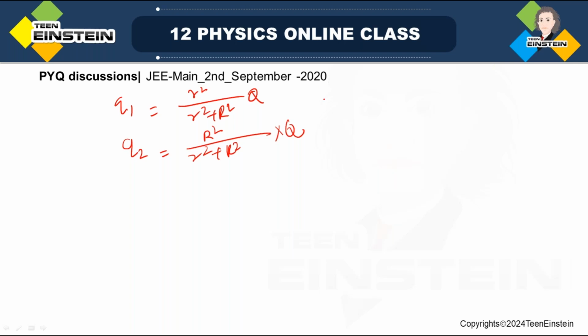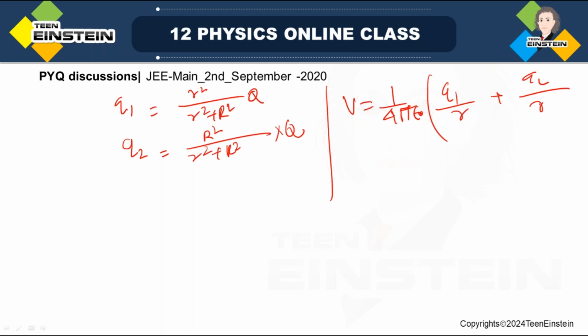so these two we have got now. Now it will be easier to find out V is equal to q1 by, q2 by R2.